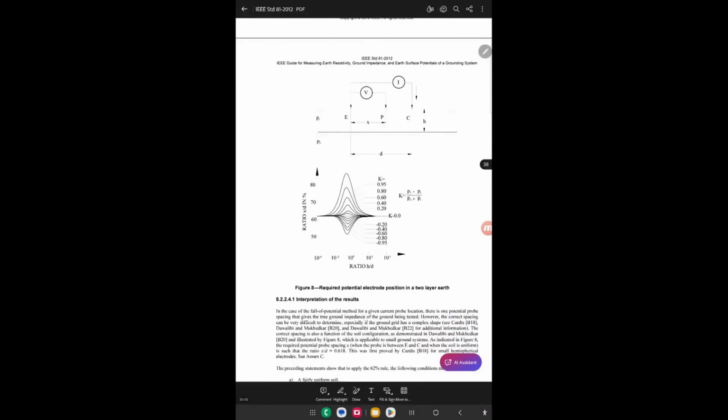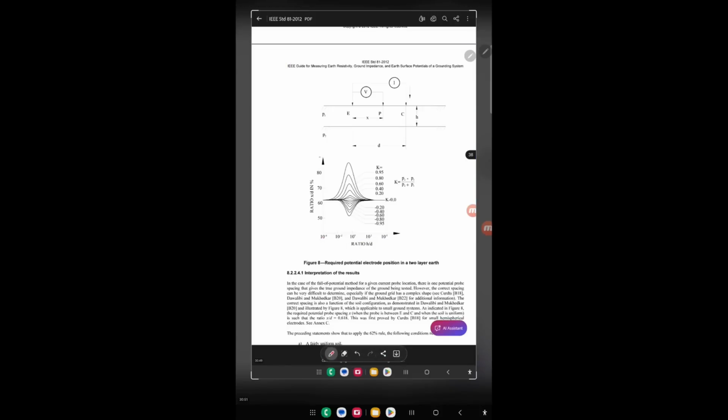As I tell you, this graph also shows me what happens when I get closer. Look at it in this way. Here would be the remote pin, here would be the test pin, and here is the potential measurement pin. What happens when I get very close to the remote pin? Look at all the errors that a measurement can have. And what happens when I get closer to where our test pin or the grounding we are evaluating is?